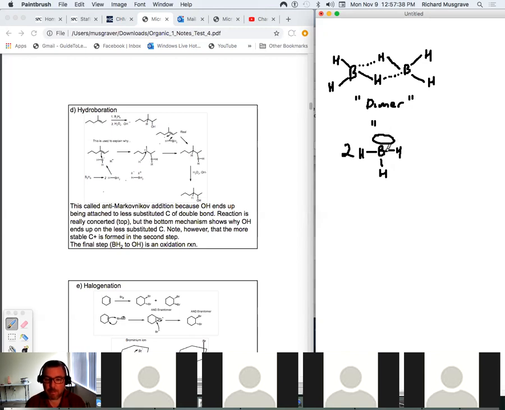And B, by its nature, is going to be less electronegative than hydrogen. So the nature of the BH bond itself is like this. Actually, B is delta plus and H is delta minus. But when I'm looking at BH3, I kind of think of it like BH2 plus and H minus together, like that.